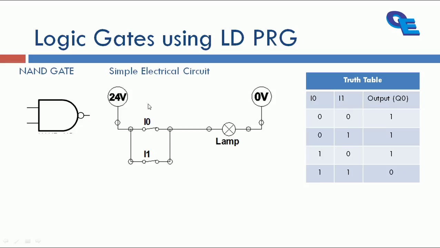In the 0 0 condition, it is satisfied. Let's take I1 triggered: the circuit will be completed through this I naught. When I naught is triggered, the signal will flow from I1. Only when both are triggered, the output is going to be low. All the conditions are satisfied here.